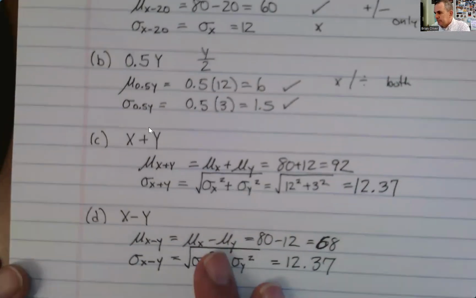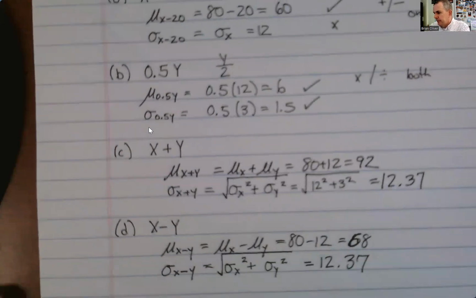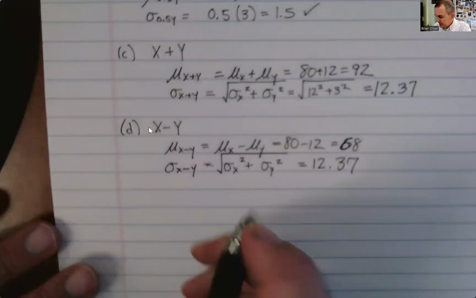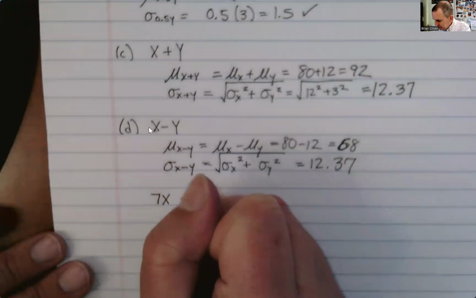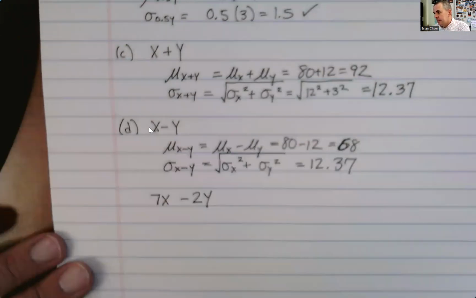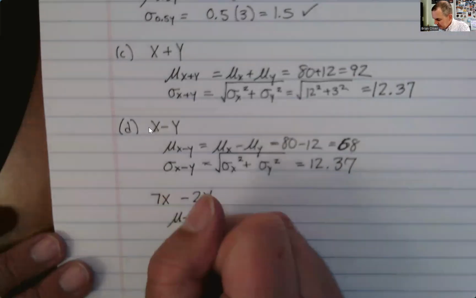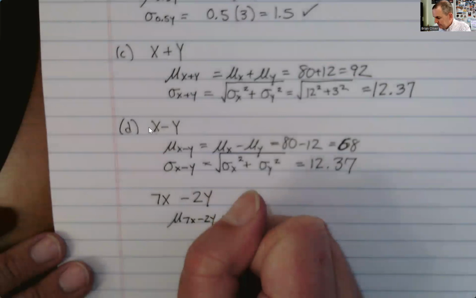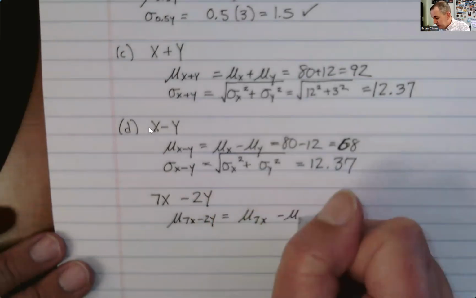So realistically, I could do anything now. Let's say that I ended up with a distribution that had the following: 7 times x minus 2 times y. And I want to find the new mean and standard deviation. So what is the mean of 7x minus 2y? It is the mean of 7x minus the mean of 2y.